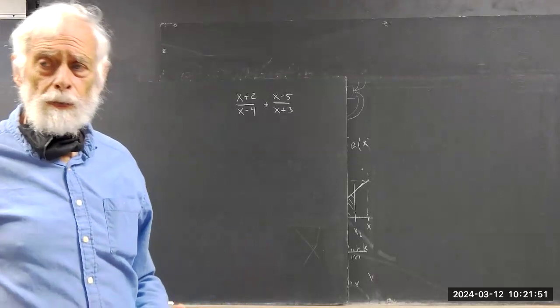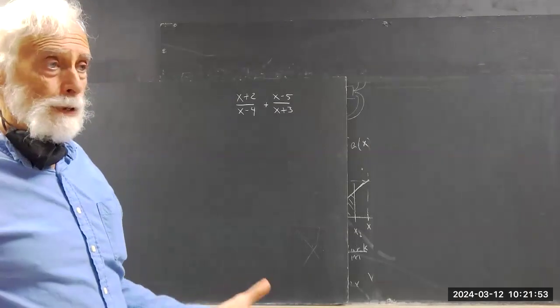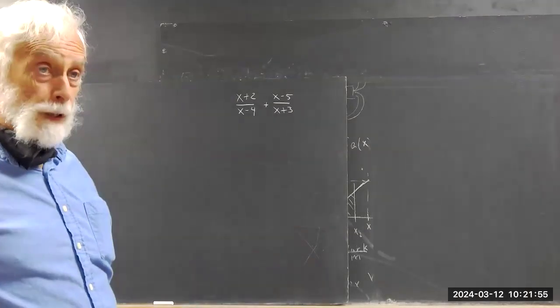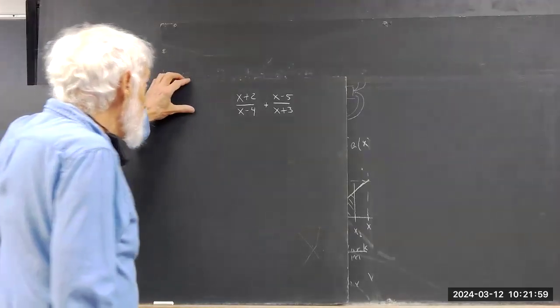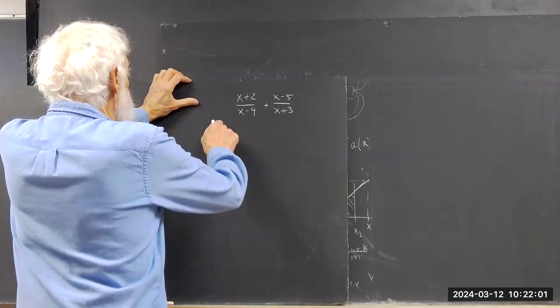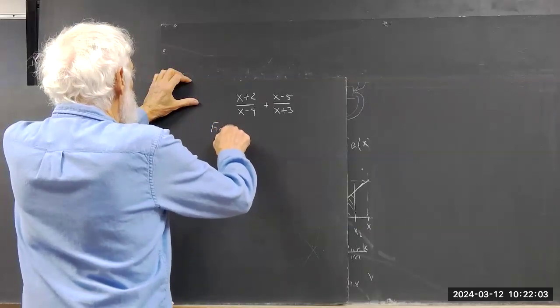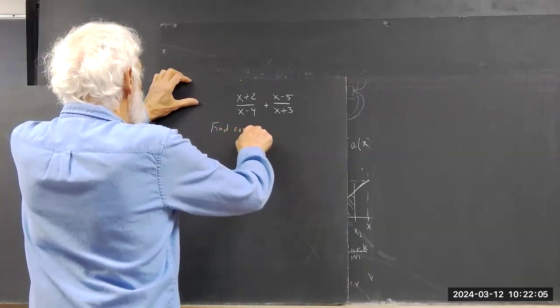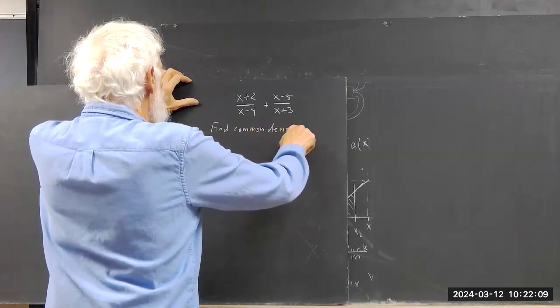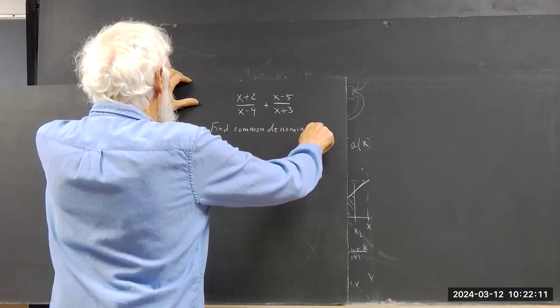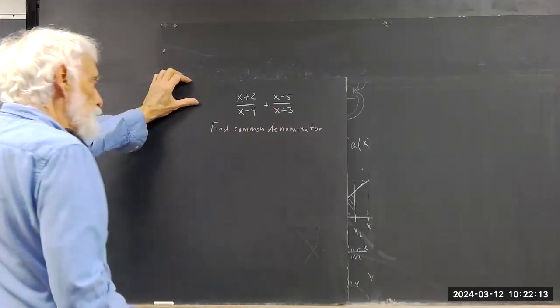Well, how do you add fractions? When you add fractions, you first find a common denominator. Okay? So we find a common denominator. In this case, it's easy.